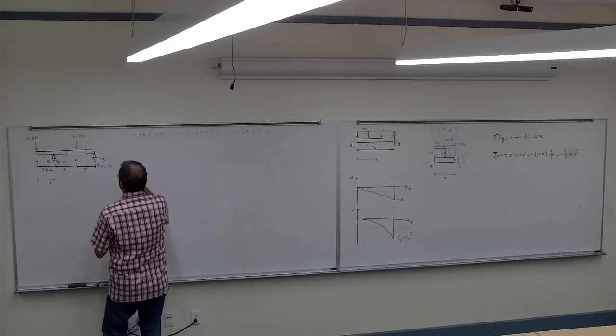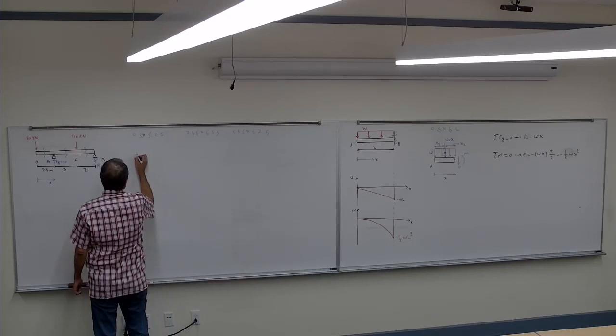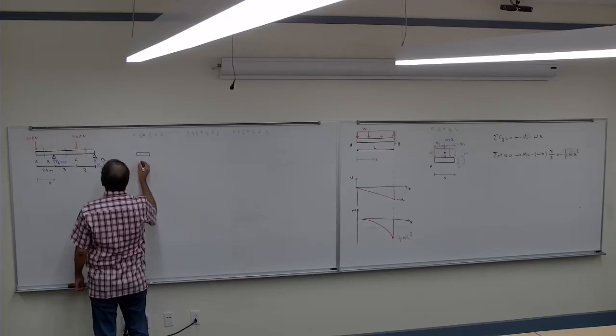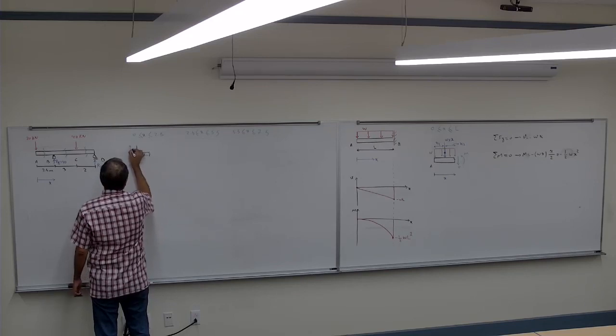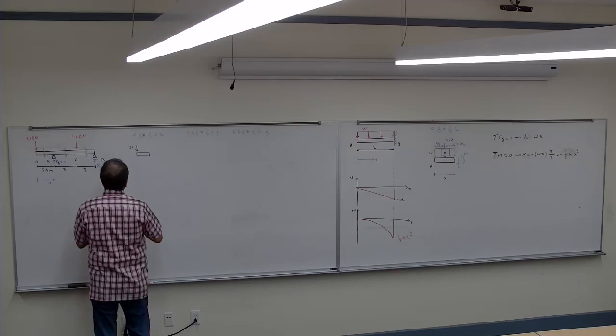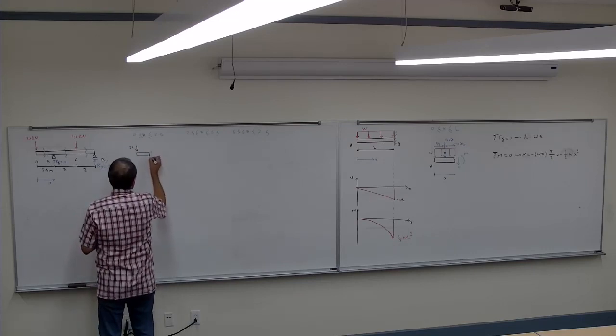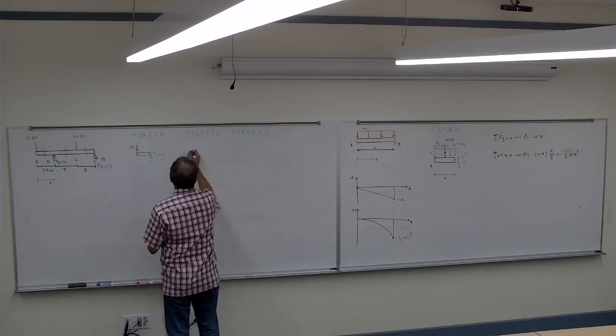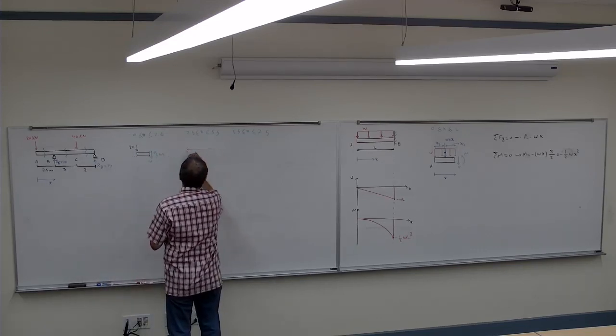So the first part would be like this. So I have 20 here, V, M. The second part would be like this.